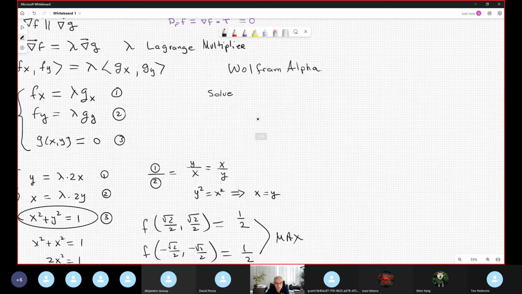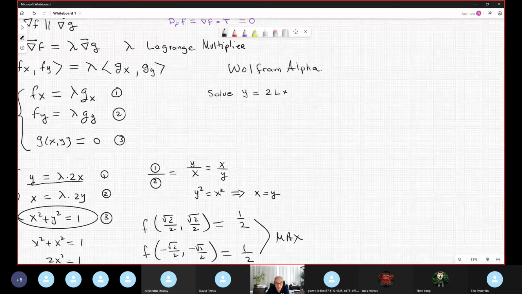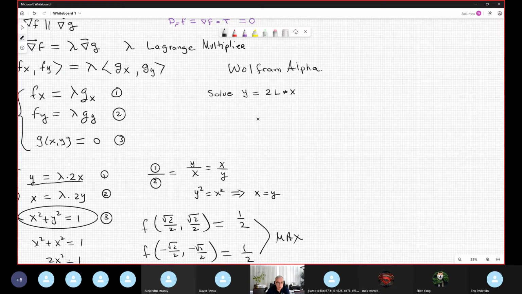Look, I copy this equation: y equals lambda, no Greek letter, but it's okay, I put L. I copy 2L times lambda. Very important. Between a number and a variable, no specification is necessary, by default Wolfram Alpha understands that it's times. But between variable and variable, if you put L times X, Wolfram Alpha believes that LX is a new variable.